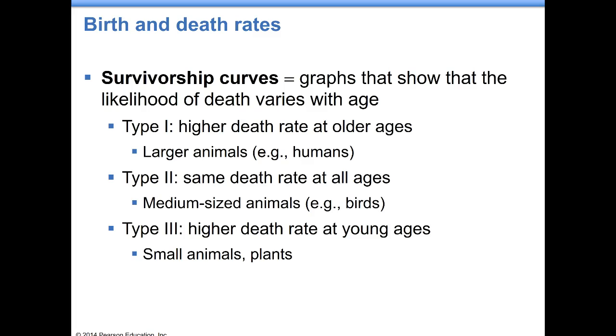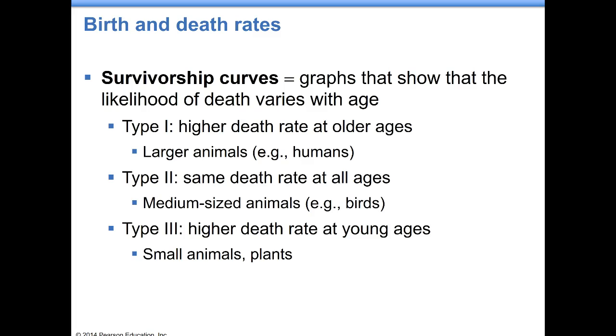You needed a large amount of information, and that's why each of you had to do 100 in one group and 100 in another group, so that you have around 300 to 400 bits of information. Survivorship curves are graphs that show the likelihood of death and how that likelihood of death within different types varies with age.